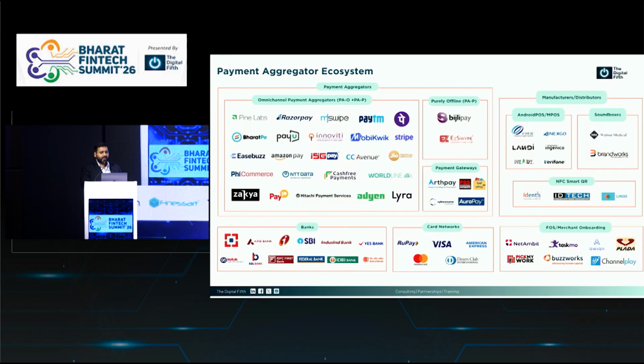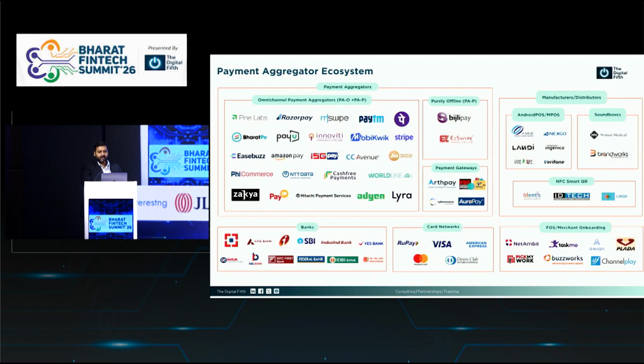Overall, on the ecosystem, if you see, there are multiple splits. There are omni-channel platform aggregators, as you can see here, who are providing these services. There are purely offline payment services as well, like Bijli Pay and Easy Swipe. There are payment gateways helping to connect this to the aggregator or to enable the merchant on the online transaction and authentication of the merchants.